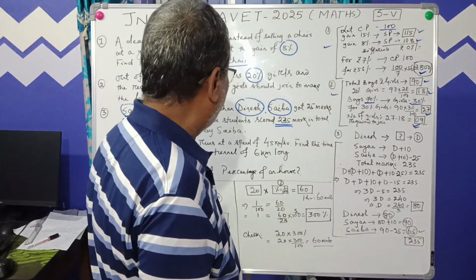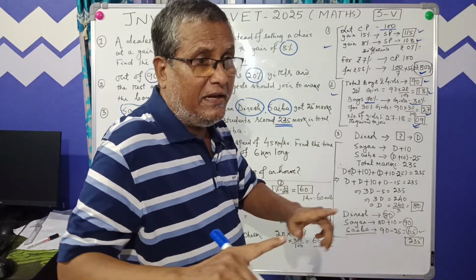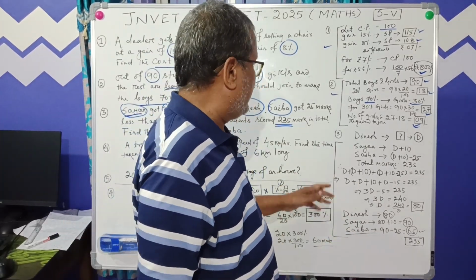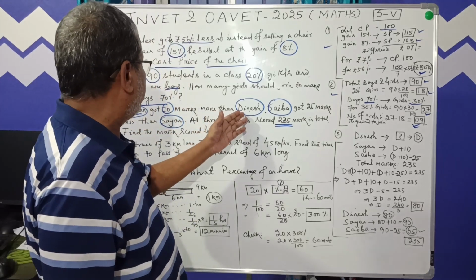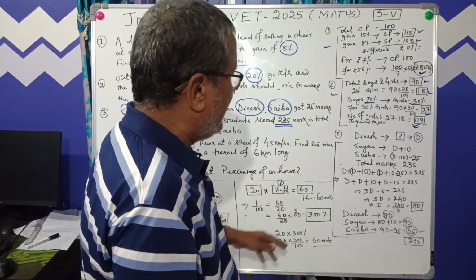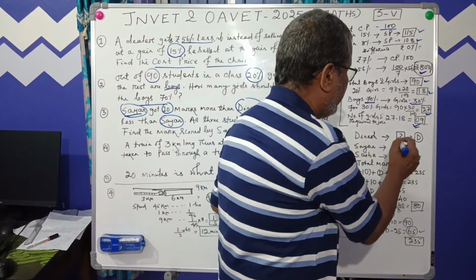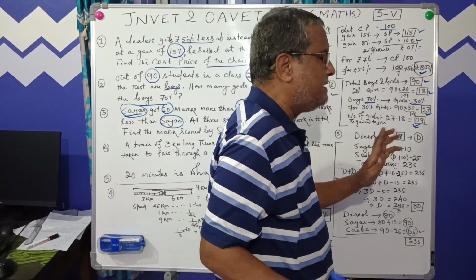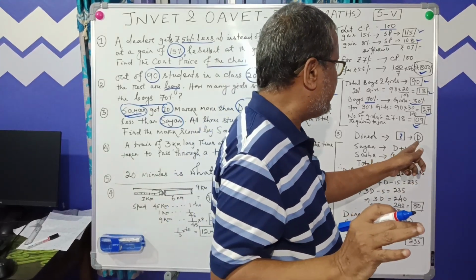Okay, it is just actually a link question, so make it very simple. Dinesh's mark is not given. Sayan got 10 marks more than Dinesh. So let Dinesh's mark be unknown; we have to find Dinesh's mark first.